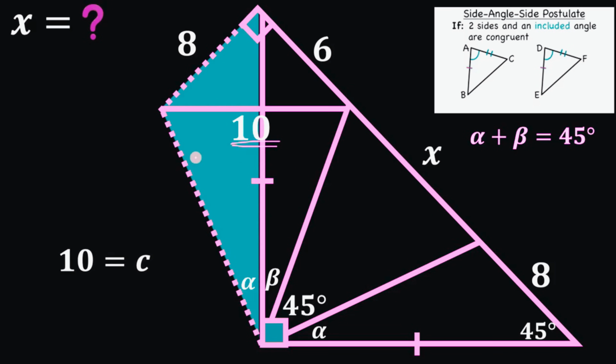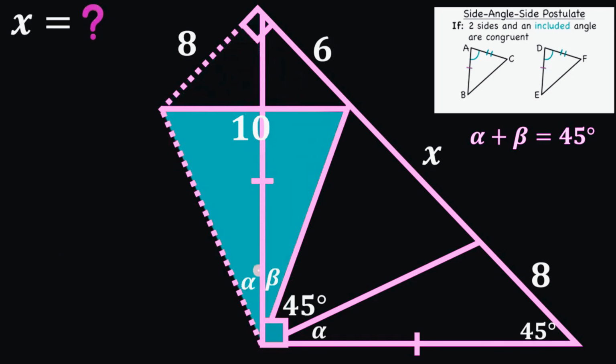Now, let's focus on this triangle right over here. So what do we know in this triangle? We know this angle right over here is alpha plus beta. And alpha plus beta, we know earlier, is 45 degrees.